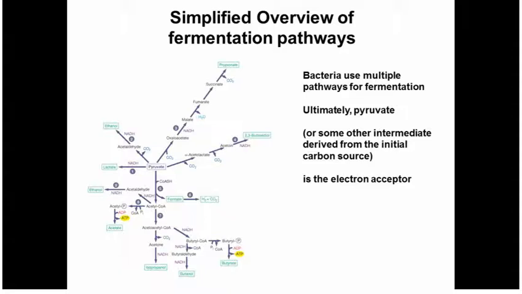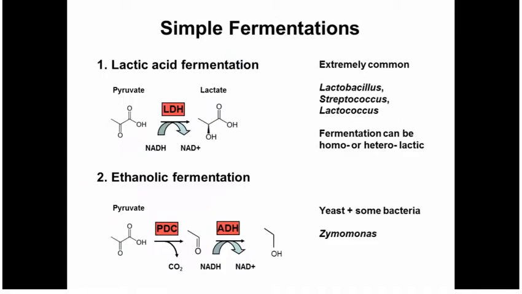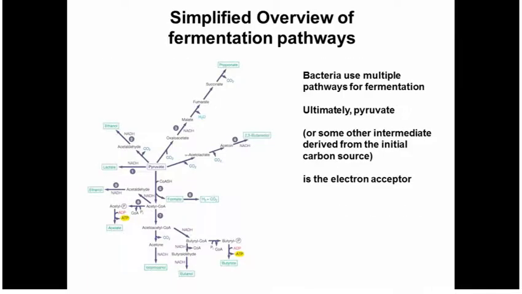And pyruvate here is the electron acceptor. Where does the pyruvate come from? It comes from the glucose that was used at the start of the process. So in a sense, there's no external electron acceptor. Once you've got the glucose, you produce pyruvate, and then you put the electrons on there.